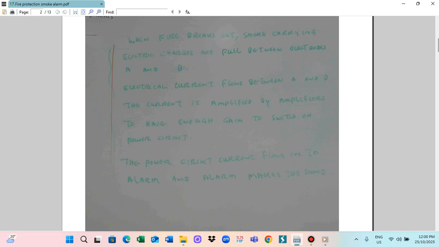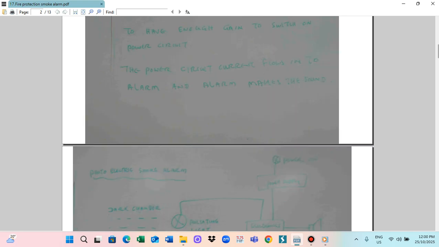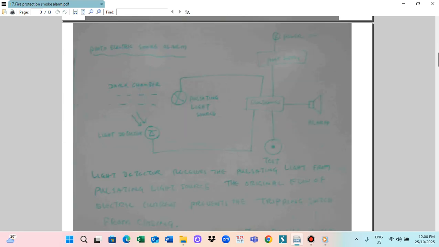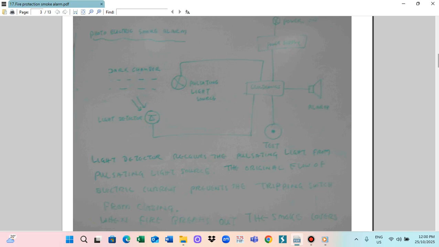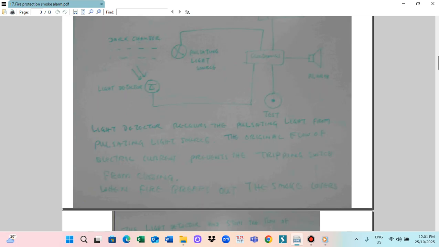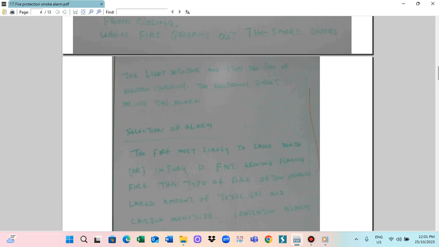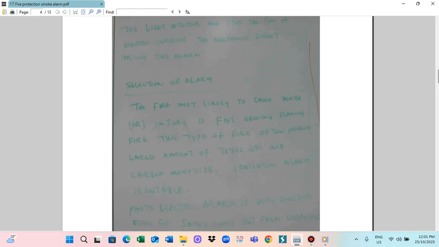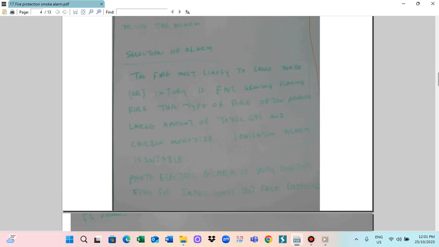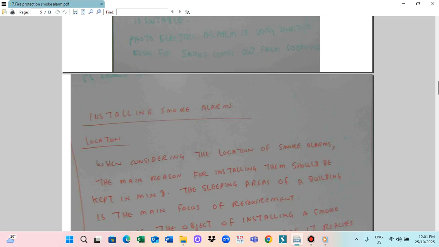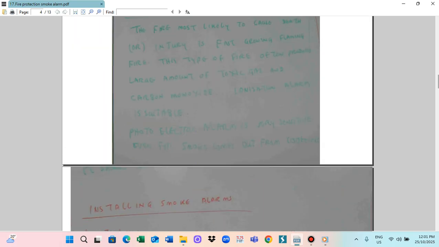This is common for residential buildings, air conditioning and refrigeration plants, commercial areas or factories. If you want to install any system, we also have to provide a smoke detector system. In a commercial air conditioning and refrigeration plant, you are using big motors and big compressors running.